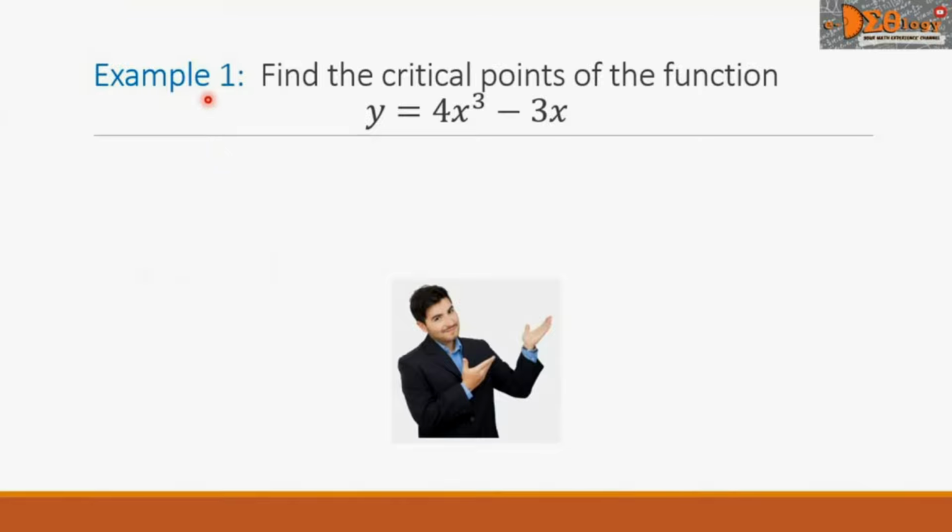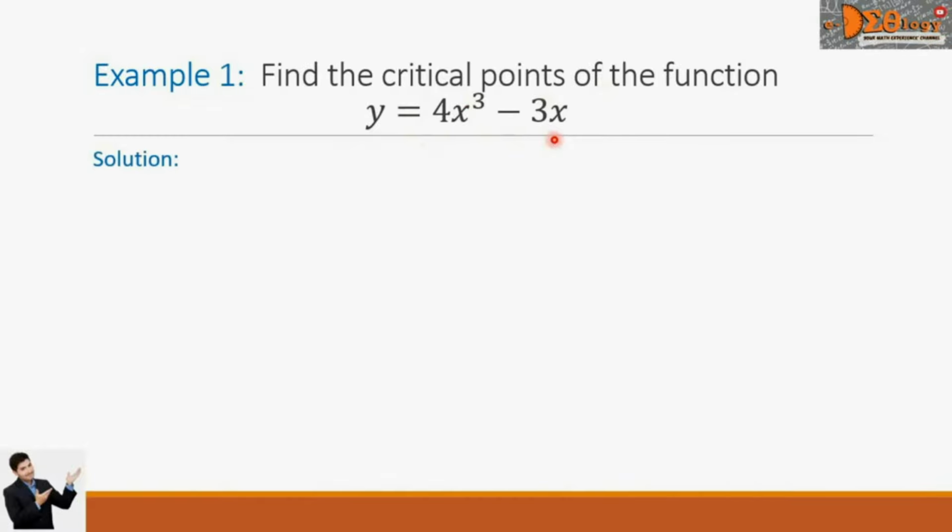Let us see example 1. Find the critical points of the function y equals 4x cubed minus 3x. For our solution, let us do step 1, and that is to find the derivative.